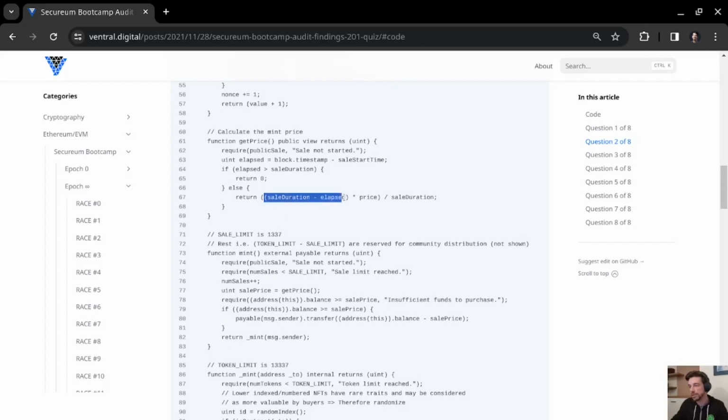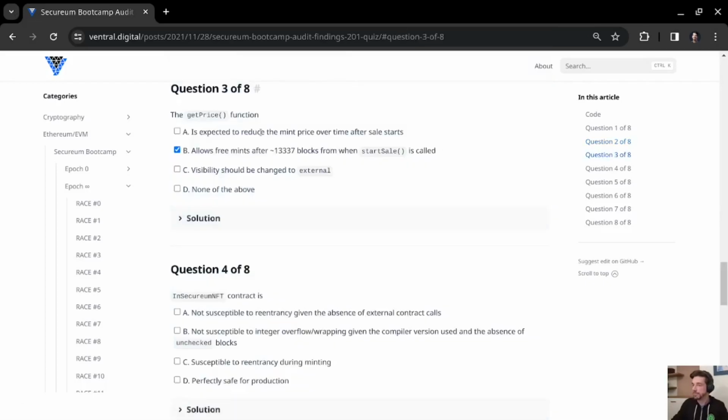So the result of this subtraction keeps getting smaller. Then, therefore, the result of this multiplication with the price that was set when the sale was started will also keep getting smaller. And since the divisor here is also constant, that means that this entire result will keep getting smaller over time. So indeed, the mint price decreases over time, and therefore A is also correct. And that is question 3.